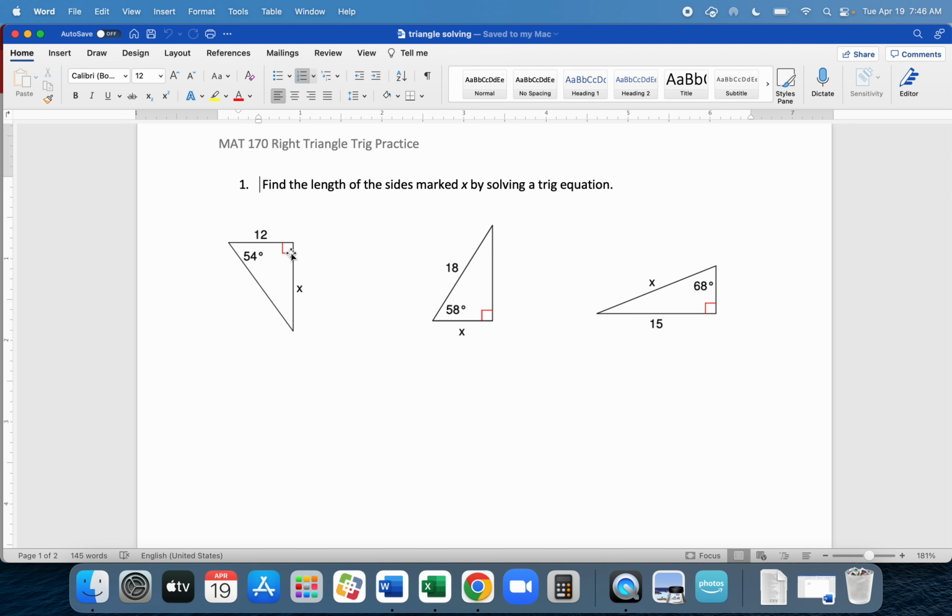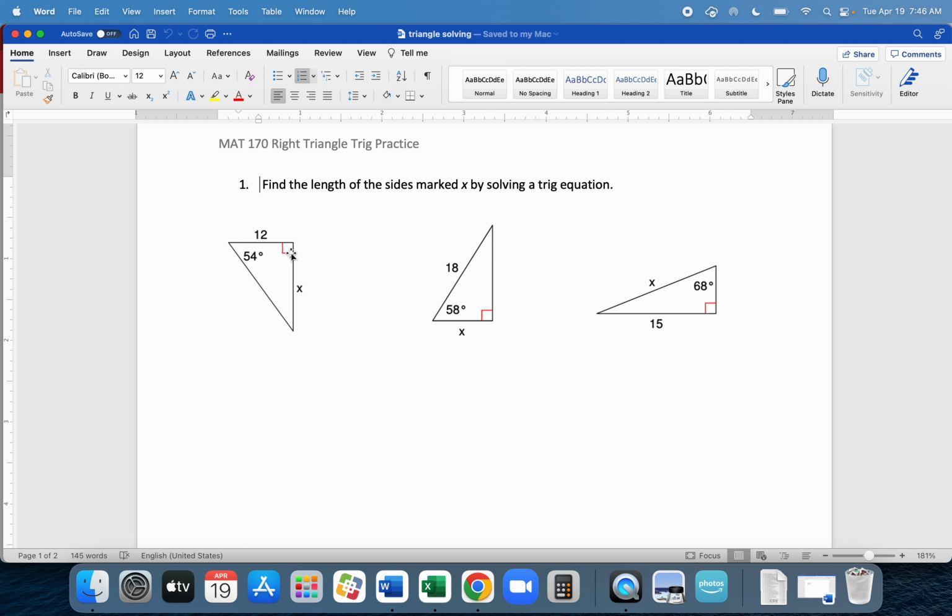And in this case, tangent would be the most useful because I have the side adjacent to that 54 degrees. I want to find the side opposite to that 54 degrees, and I have 54 degrees. So it's just a matter of writing this out.